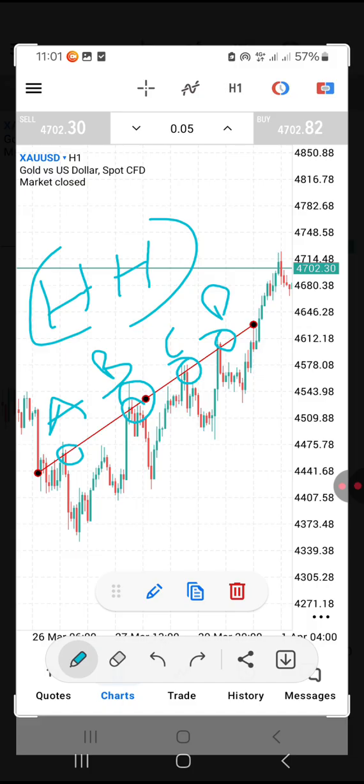For every uptrend, when there's a higher high, there's always a low. The up one is called high, the low one is called lows. Just simple. Don't let anyone cajole you with it, it's just a name. Let's draw a line.